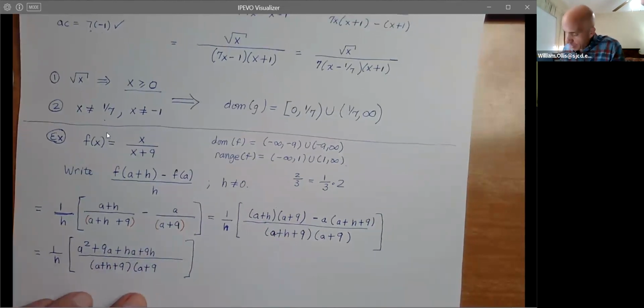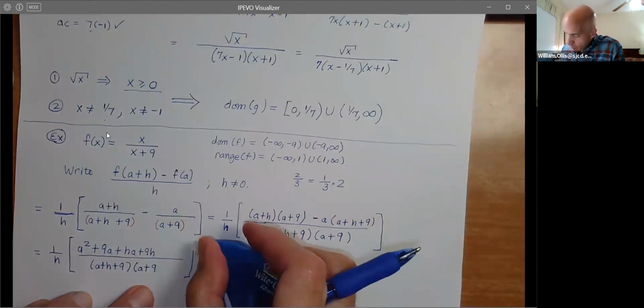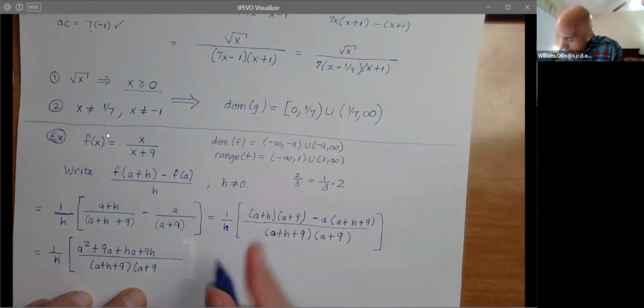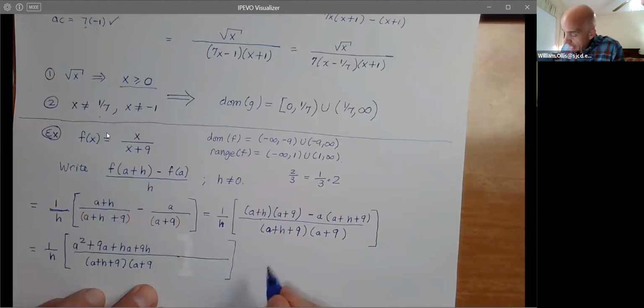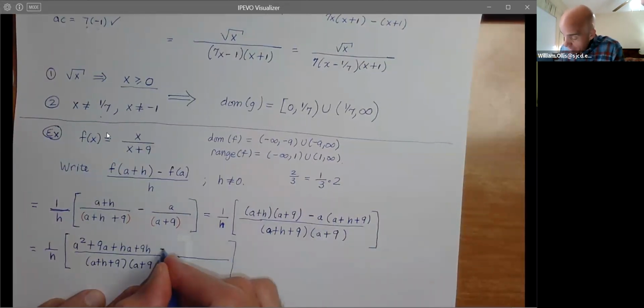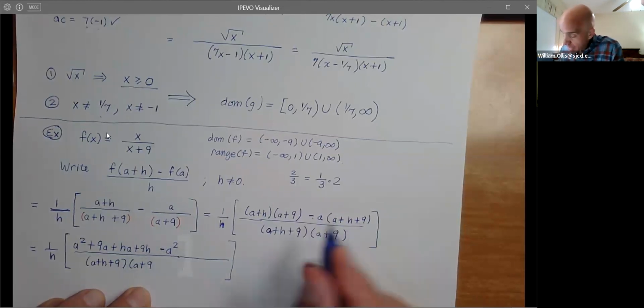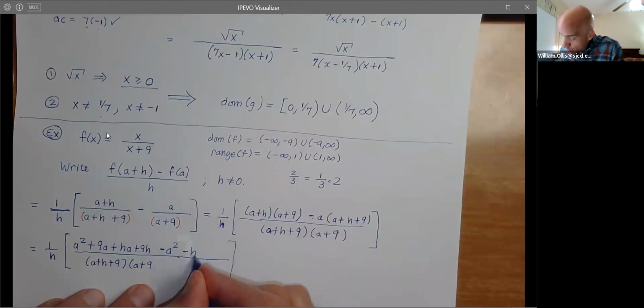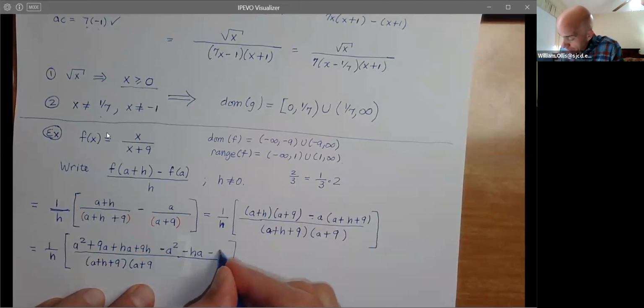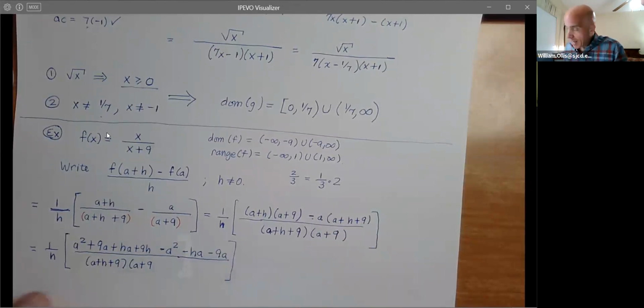And let me give a little bit more room here before I put in my brackets so I don't have to smash everything in there. So just go ahead and bring this over a little bit more. And now we're going to multiply all of these terms by negative A. So we get negative A times A, or negative A squared, and negative A times H, or we can do the H first, and then a negative 9 times an A. Now we see that most of the terms absorb.